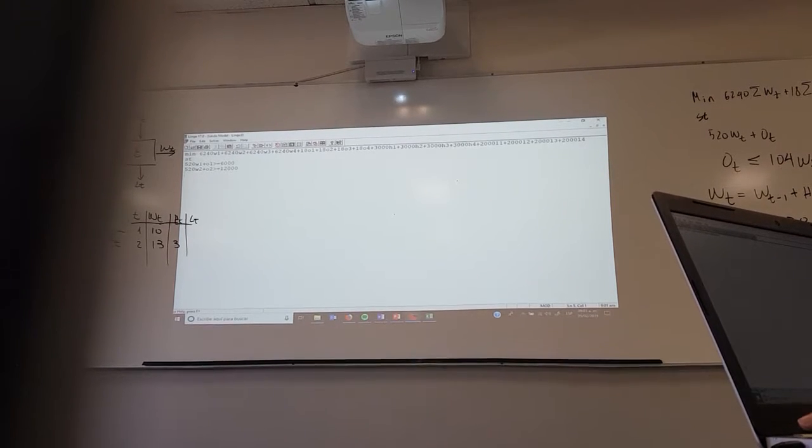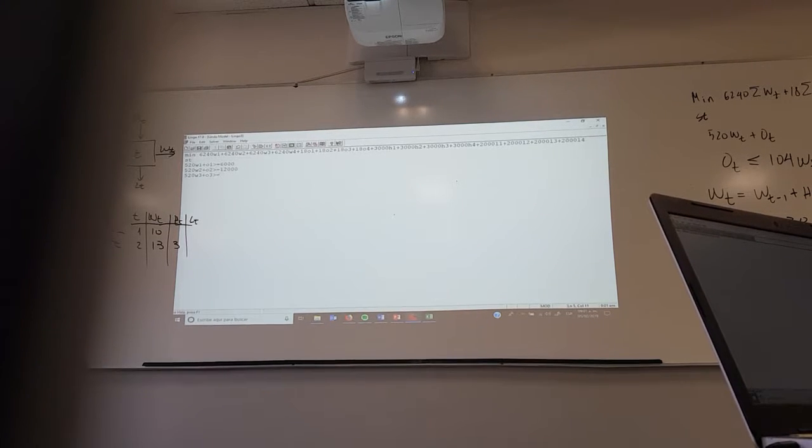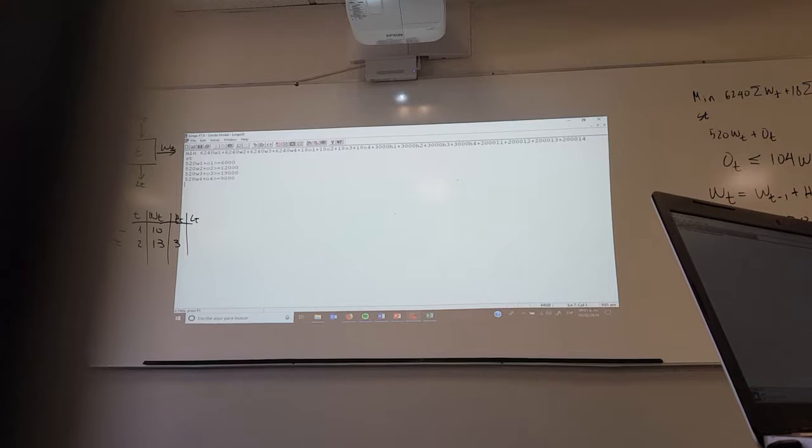Okay. 520 W3 plus O3 greater than or equal to 19,000. 520 W4 plus O4. Questions so far?